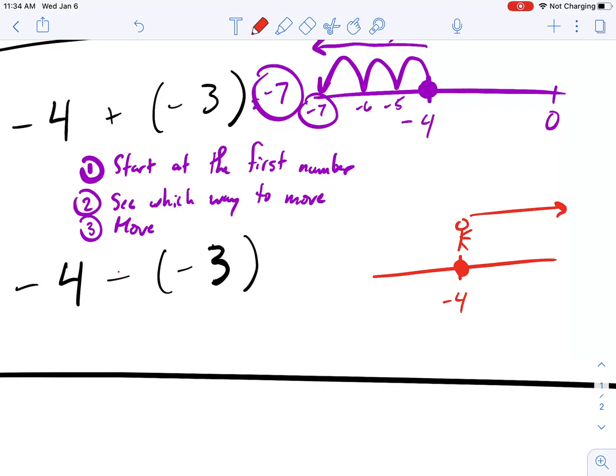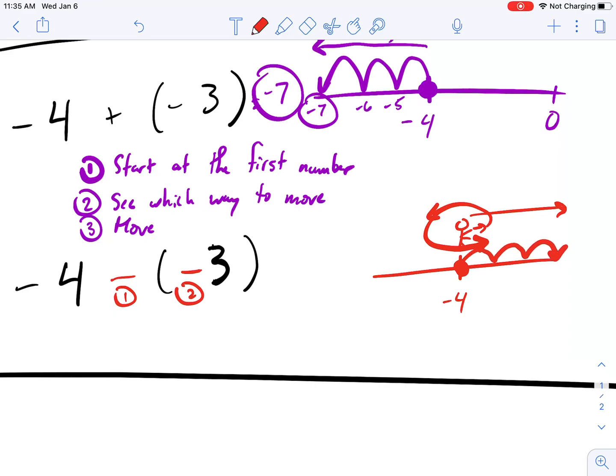You're facing forwards, and then you turn around each time you see a negative sign. And remember, subtraction and negative signs are the same thing. So here you have one negative sign and then two negative signs. So you're facing forwards, you turn around once, then you turn around twice, so you're facing the forwards direction.